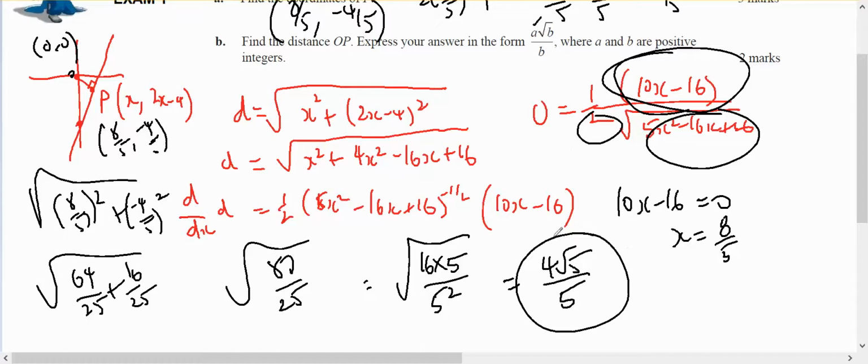Therefore, A is going to be 4, B is going to be 5, and C is 5. There's my answer.